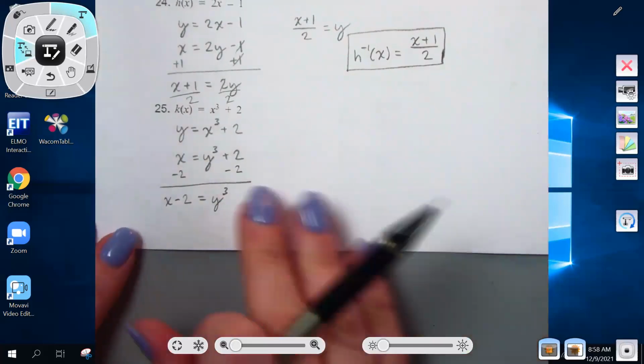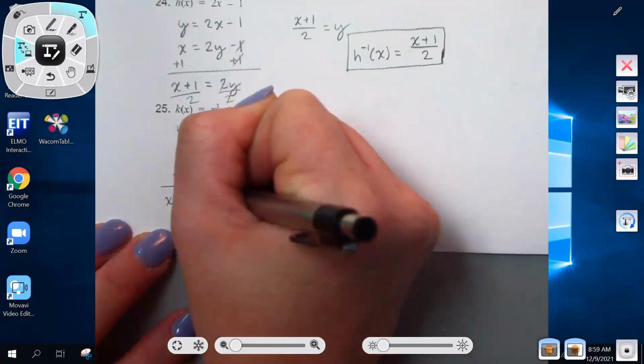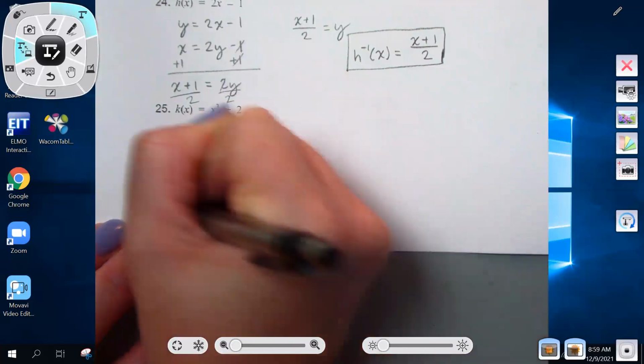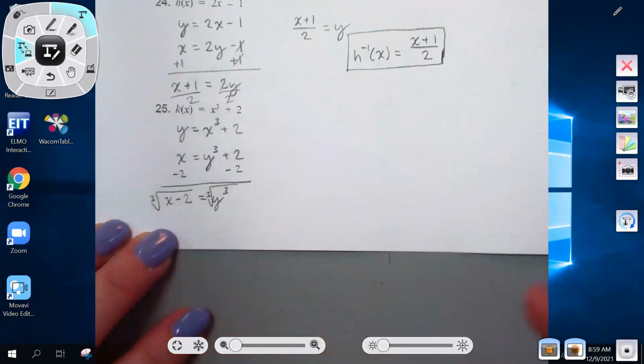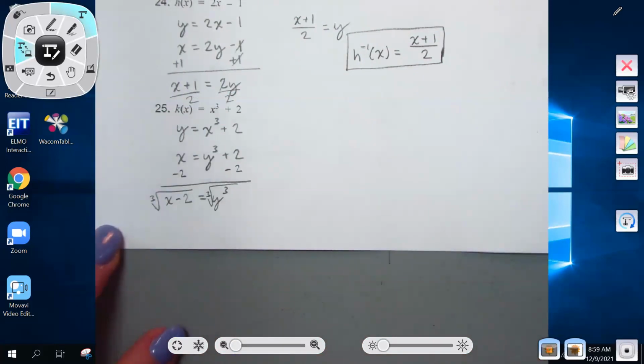Now that the y cubed is the only thing on this side of the equal sign, we can get rid of that exponent by taking the cube root. If it were an exponent of 2, we would take the square root to get rid of it. If it were an exponent of 7, we would take the 7th root to get rid of it. It just corresponds to whatever exponent you have.